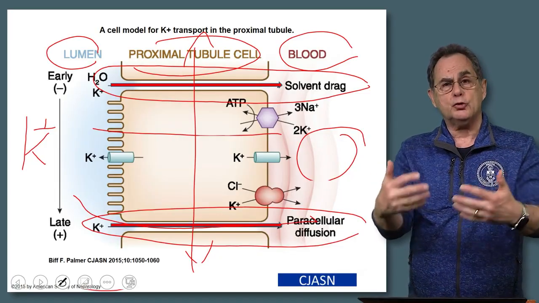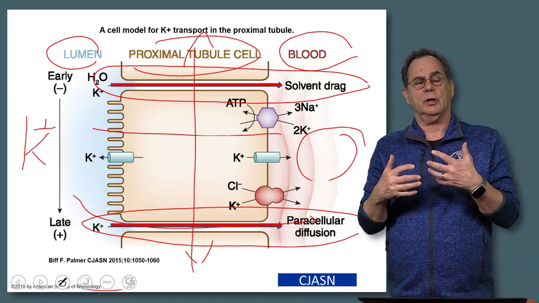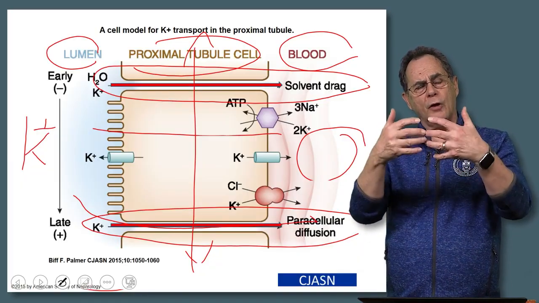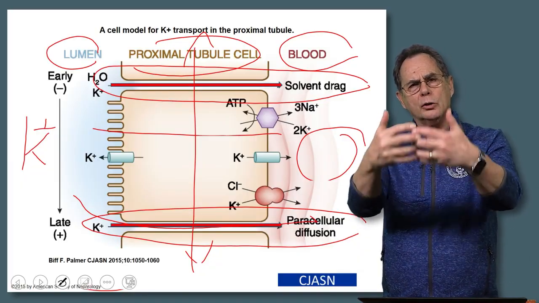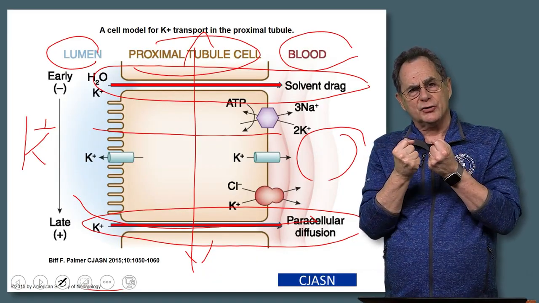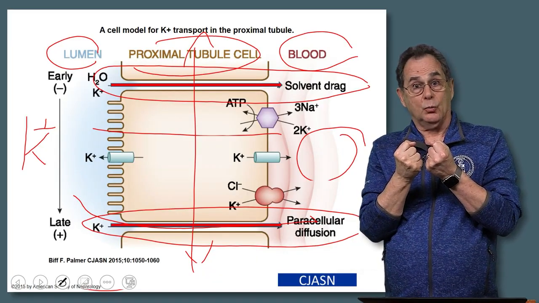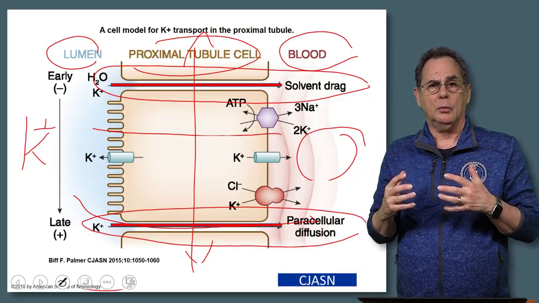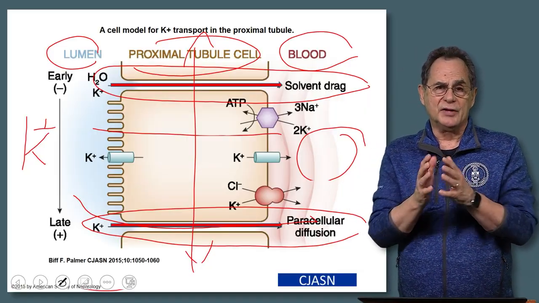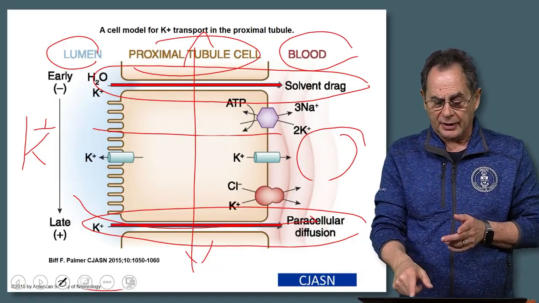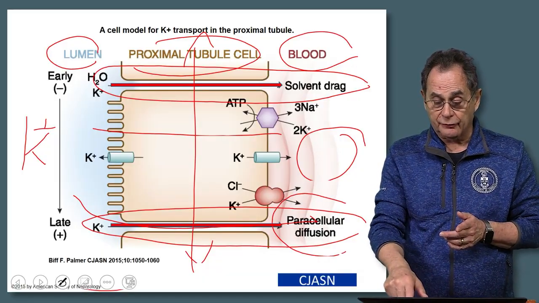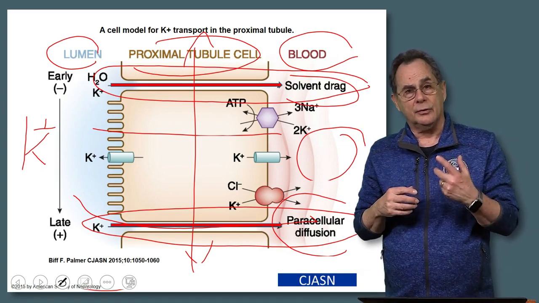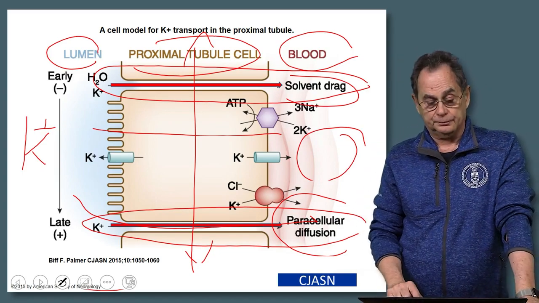So as the proximal tubule transports sodium and moves it into the peritubular space, water follows that. And as the water moves, it drags that small solvent, potassium, with it. So much of the potassium that's filtered by the glomerulus into Bowman space is reabsorbed through paracellular diffusion or solvent drag as water is reabsorbed in the proximal tubule.